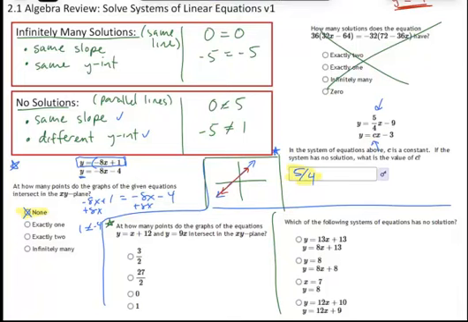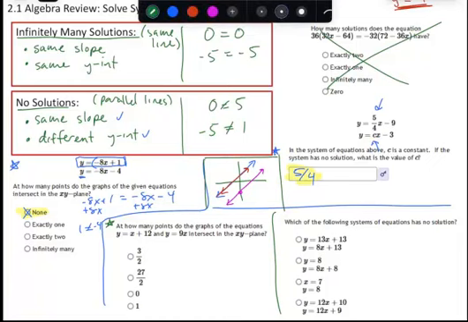Now, if you had that exact thing and you had a line here where the slope is exactly the same, but the y-intercept now is down here instead of up above, they have the same slope, but different y-intercepts, so this would be no solution. These lines are parallel. They're never going to intersect each other.